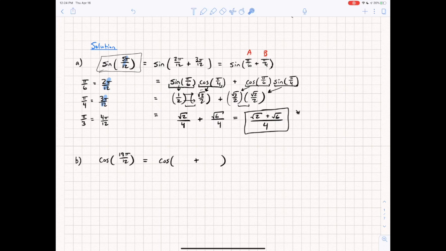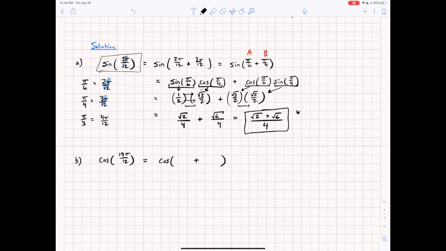Now you'll notice that there is no pair here that would get me to 19 pi over 12. In other words, I need to use angles that are not in the first quadrant. I need to use multiples of these and try to find some combination. Now, generally what I tend to do is break 19 down into two even numbers or two odd numbers where 12 can be simplified down.